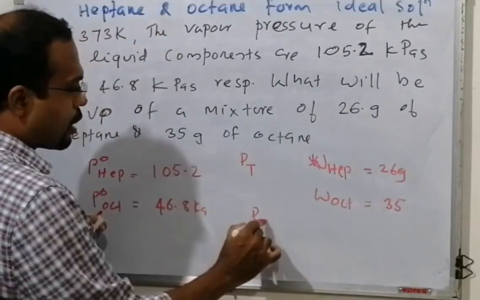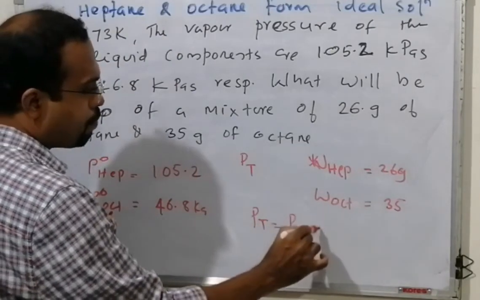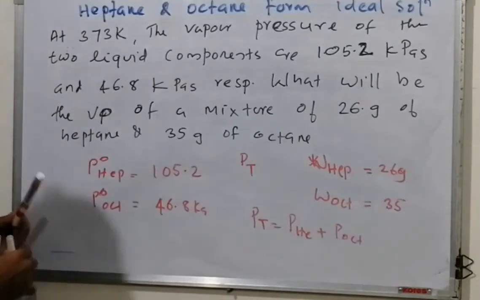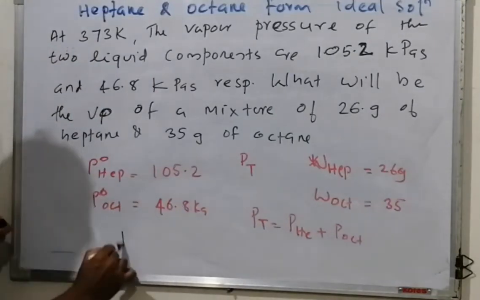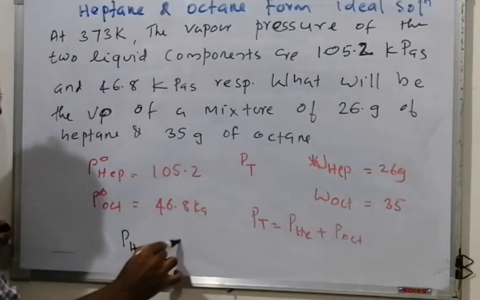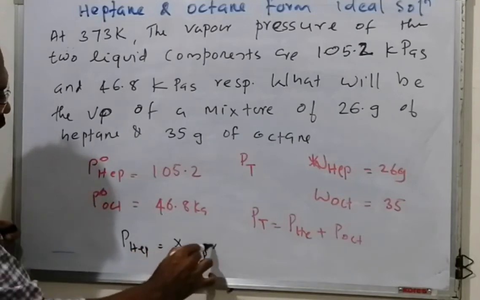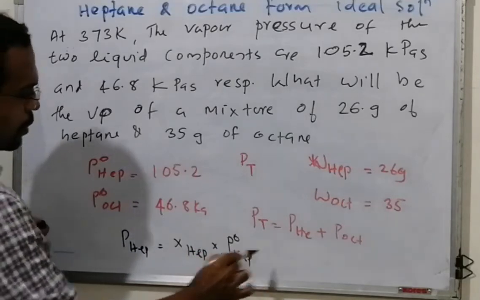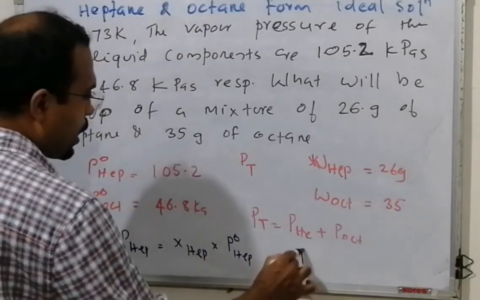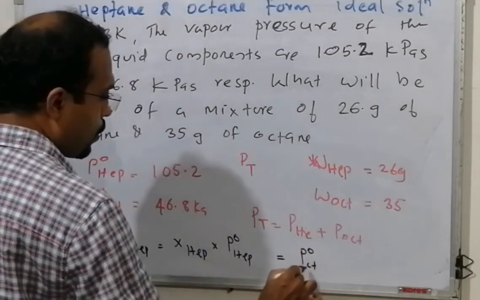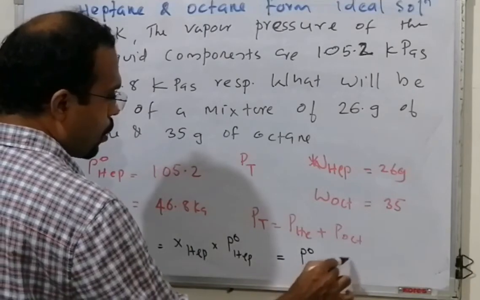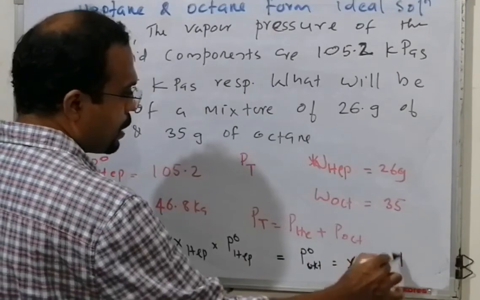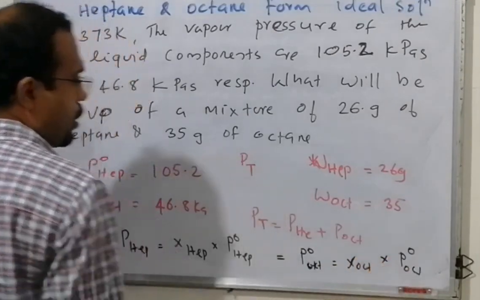P total is equal to P heptane plus P octane. P heptane is equal to mole fraction of heptane into P0 heptane. P octane is equal to mole fraction of octane into P0 octane.